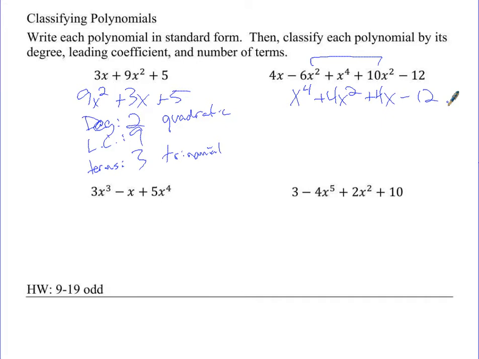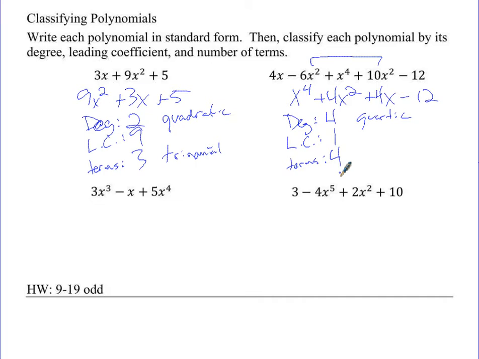I need to talk about the degree. What is the degree? 4. So I could call this, what was the vocab word? Quartic. The leading coefficient we said was 1. And the number of terms? There are 4.